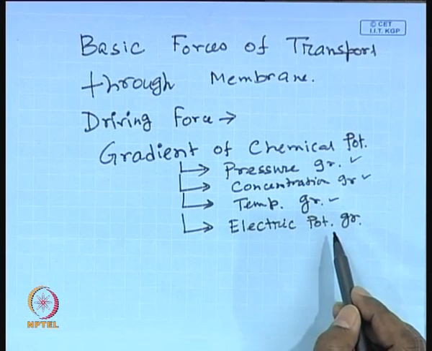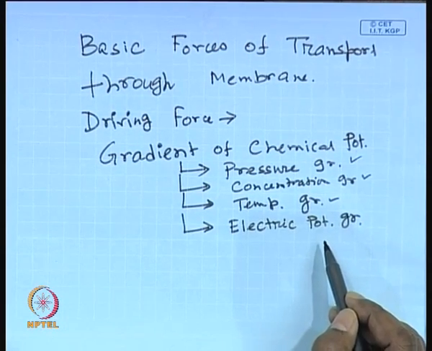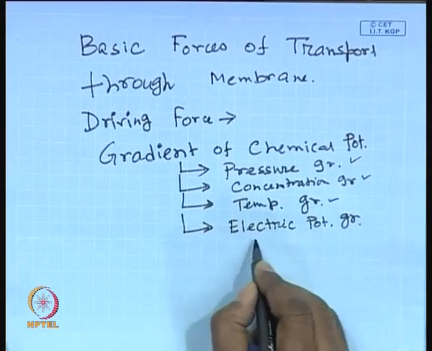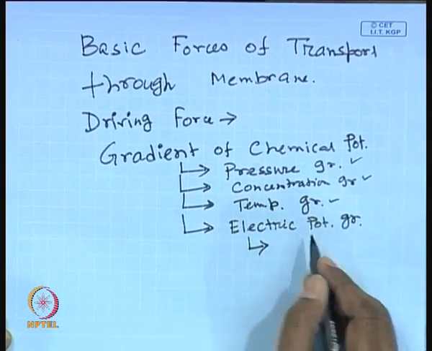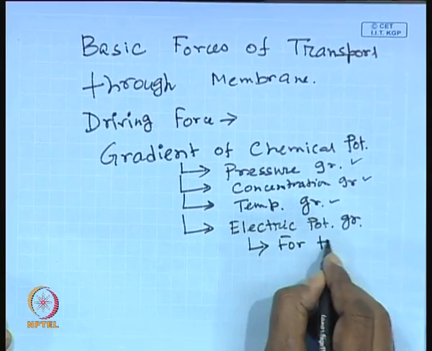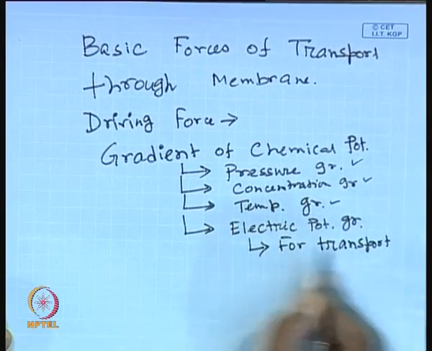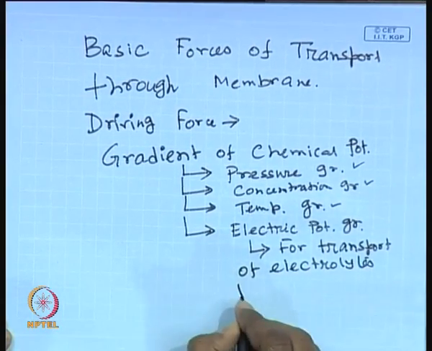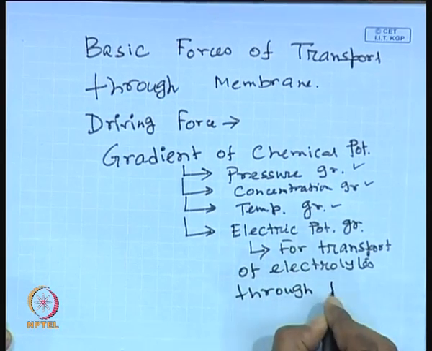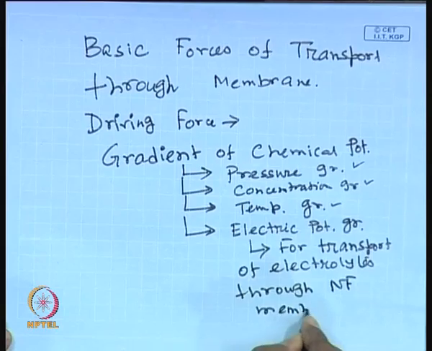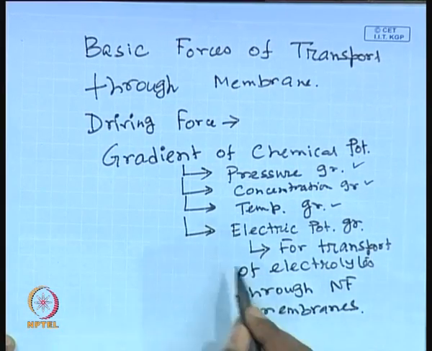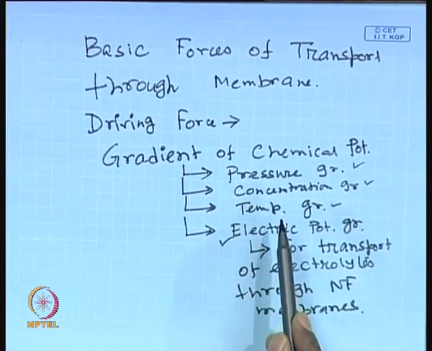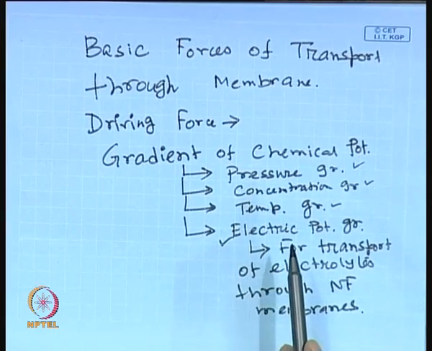But if you have a charged species, for example, if you are talking about the transport of a salt, which is a charged species, that means an electrolyte, through a nanofiltration membrane, then the electric potential gradient becomes very important. Otherwise, there will be three components: pressure, concentration and temperature. All these three will constitute the chemical potential gradient.